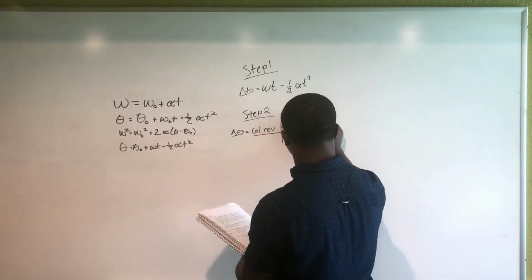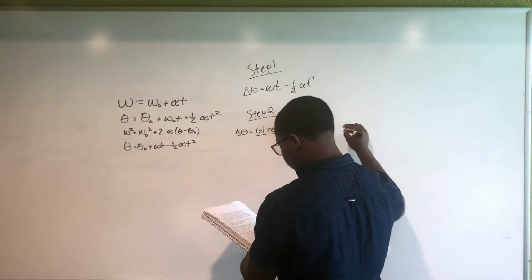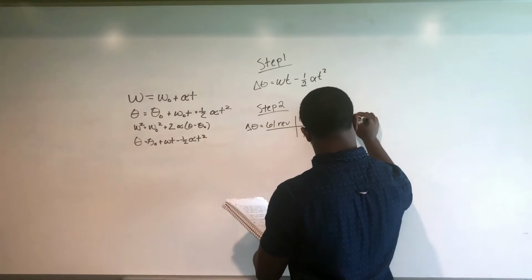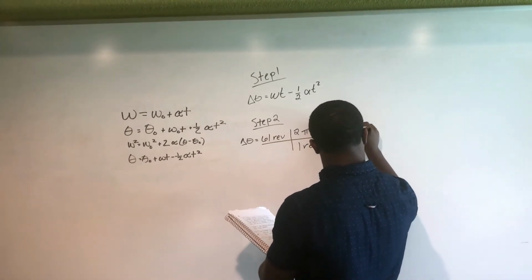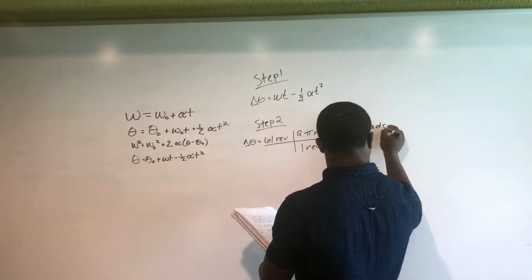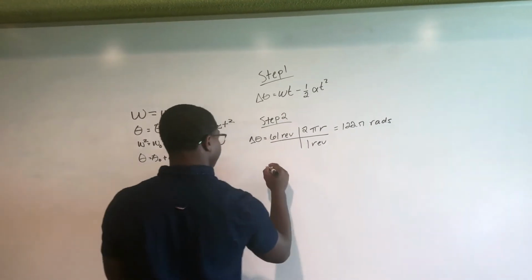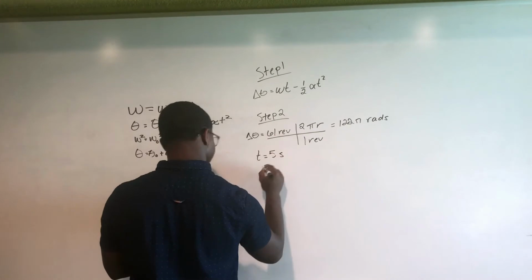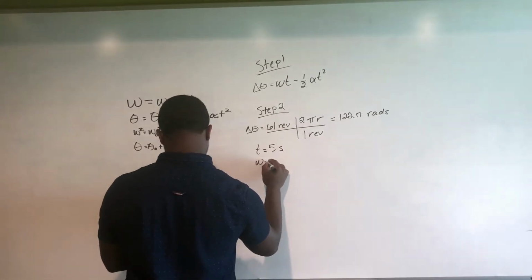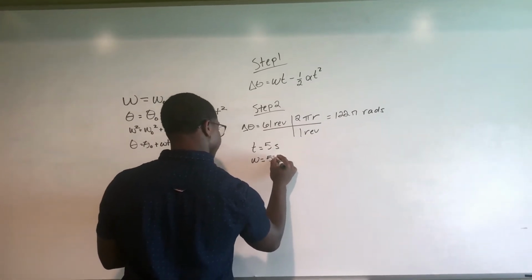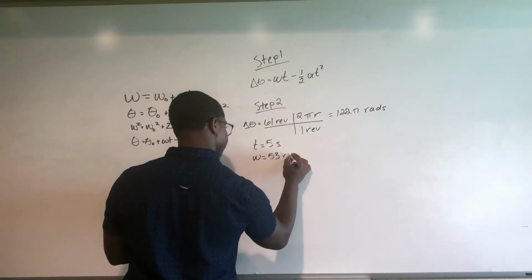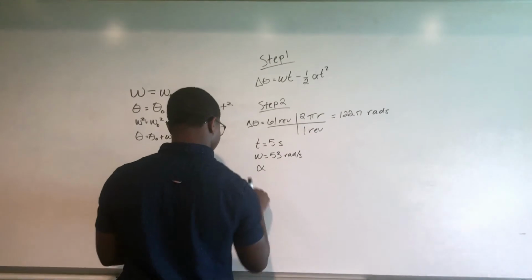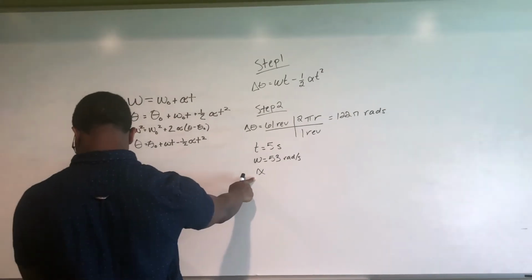What I'm doing is converting the revolutions into radians. Now I know time equals 5 seconds. Omega is 53 radians per second. Now we just have to figure out what the angular acceleration is.